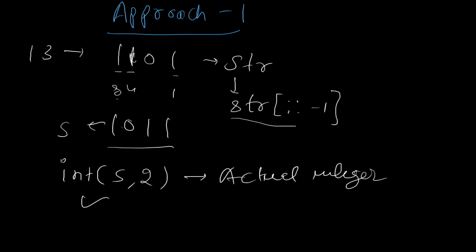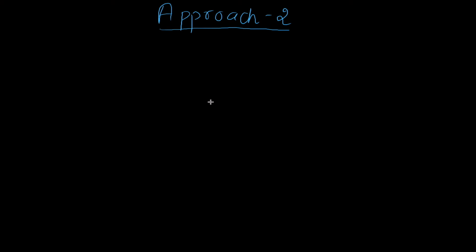The idea is to consider, in the case of 13, a binary string represented in this form. The idea is quite simple. We move through the binary representation from this side to this side, and we keep populating our output.